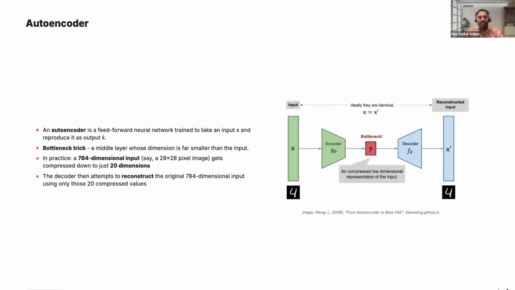If it does that well, these 20 numbers are a genuinely useful compressed representation. You can throw away the decoder and, instead of storing the entire 28 by 28 image, just store the 20 dimensional representation, or whatever hyperparameter you choose. That's dimensionality reduction learned from data rather than hand designed.